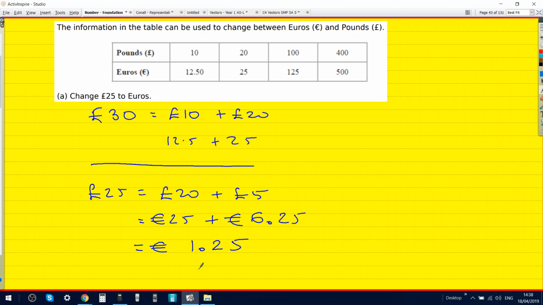I'm a bit lost now. The other one wasn't €5, it was €25. So you did 5 plus 6 to get 11, but this is 25. So 20 plus 25, 6.25.